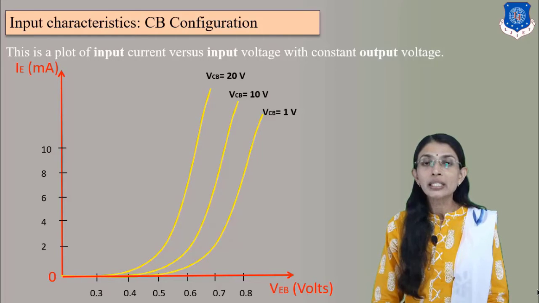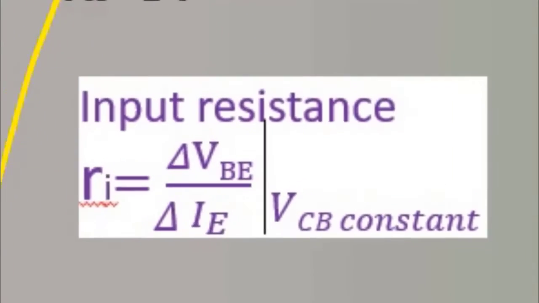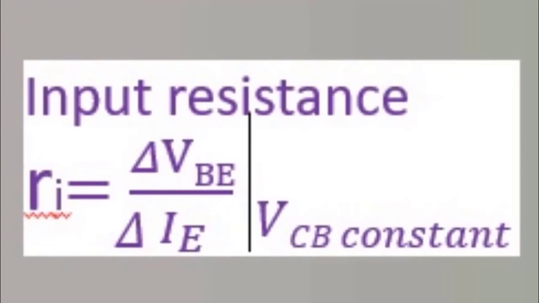The input resistance, according to the definition, is the ratio of voltage upon current. But for this type of input characteristic, we should take the ratio of change in voltage to the change in current. So RI, input resistance, can be defined like this: delta VBE to delta IE.